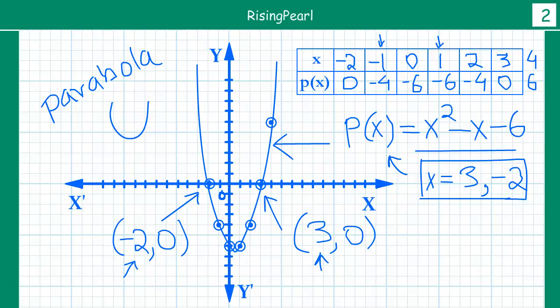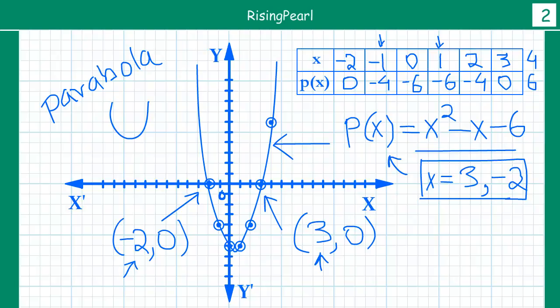So in other words, friends, what this means is that if you draw the graph of a quadratic polynomial, wherever the graph cuts the x-axis, those x coordinates are the zeros of that quadratic polynomial.